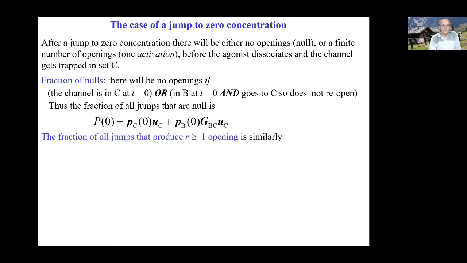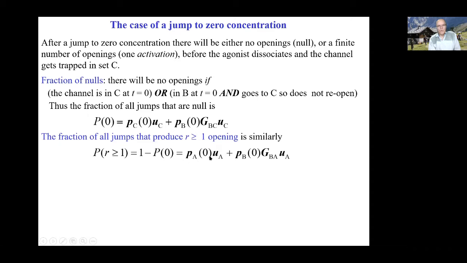So the fraction of all jumps that produce at least one opening is 1 minus that. Probability of R equal to or greater than 1 opening after the jump, 1 minus that. And we can easily show that this is given by the intuitive expression.